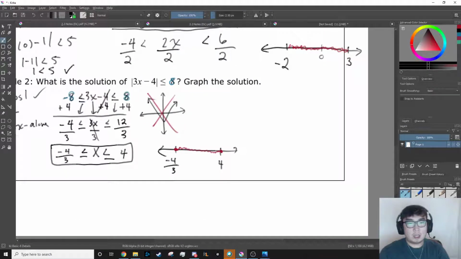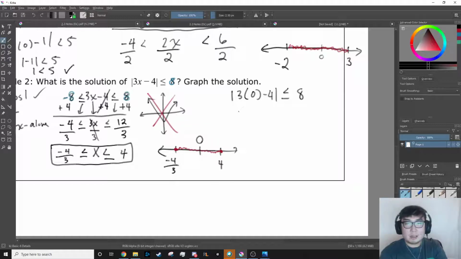And let's say Mr. Hong, I'm not sure. Okay, let's choose a number between these two barriers or my solutions. For example, 0, because 0 is between negative 4 over 3 and 4. So let's plug it in. 3 times 0 minus 4, and take the absolute value of that, is less than or equal to 8.